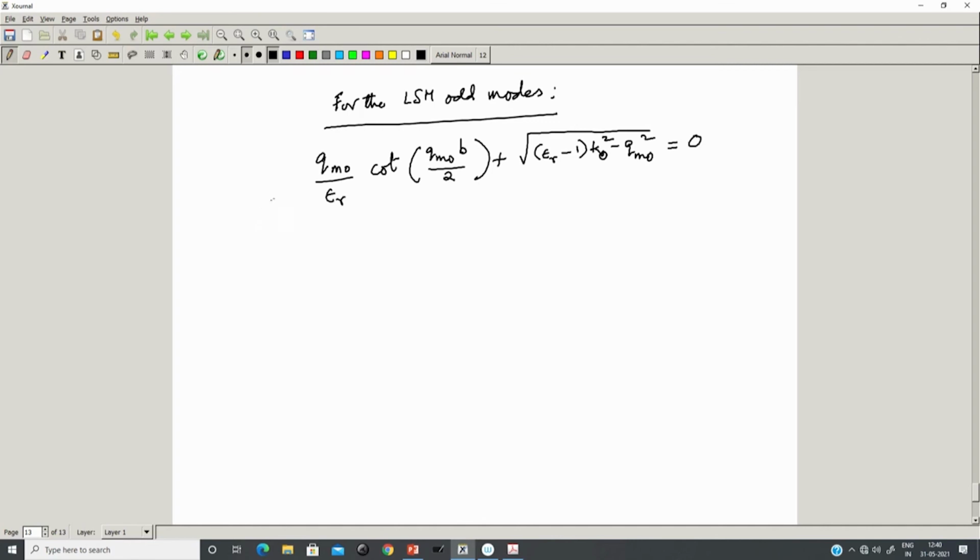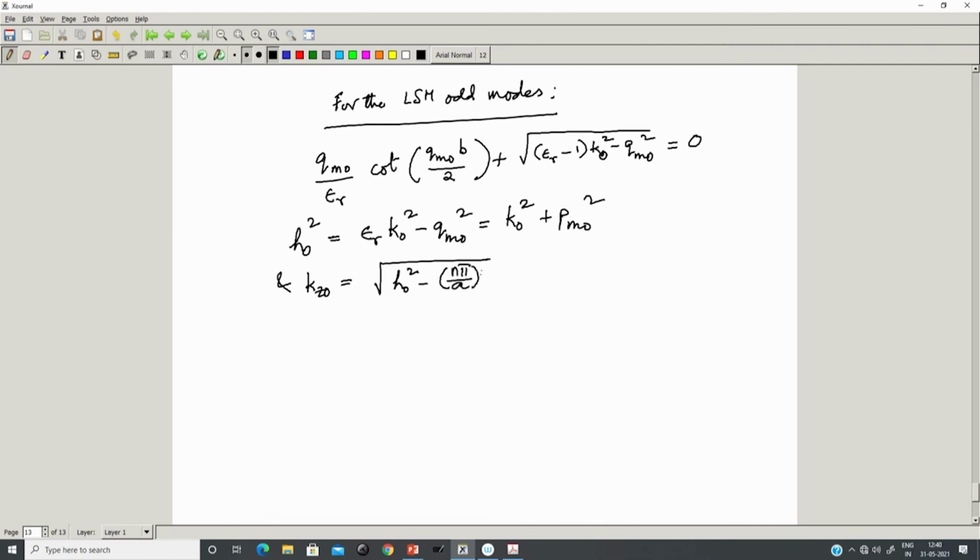So, this is the characteristic equation, and then the separation equation will be h_o square equal to epsilon r k naught square minus q_mo square, that is equal to k 0 square plus p_mo square, and k_zo, the propagation constant along the z direction for the LSM odd mode, will be given by root of h_o square minus (n pi by a) whole square.